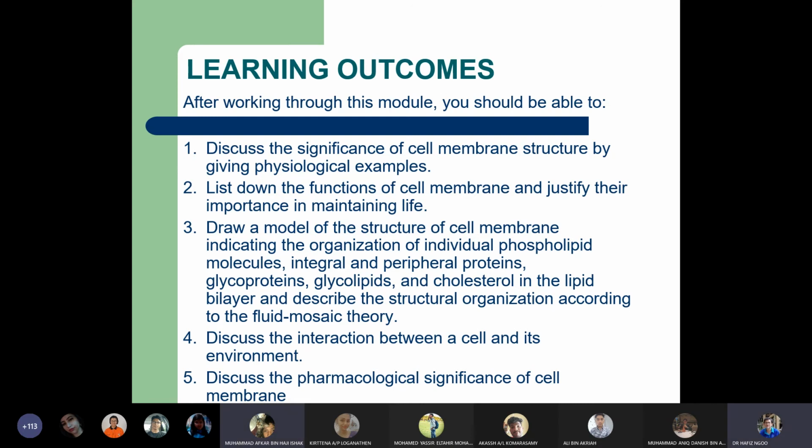Okay, if it is a unicellular organism, like paramecium, protozoa, or amoeba swimming in a freshwater pool, then they are in direct interaction with the external environment. So the content of the cell internally will be very much different from the external environment.